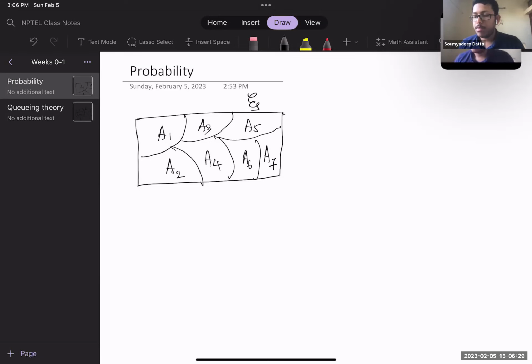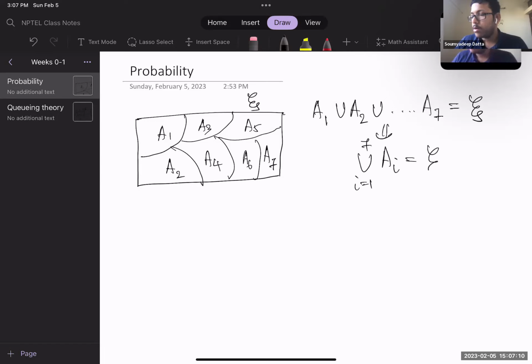From set notation, I can write A1 union A2 union up to A7 is equal to the complete set. We can also write this in notation form as the union of all sets Ai, for i equal to 1 to 7, is equal to the complete set.